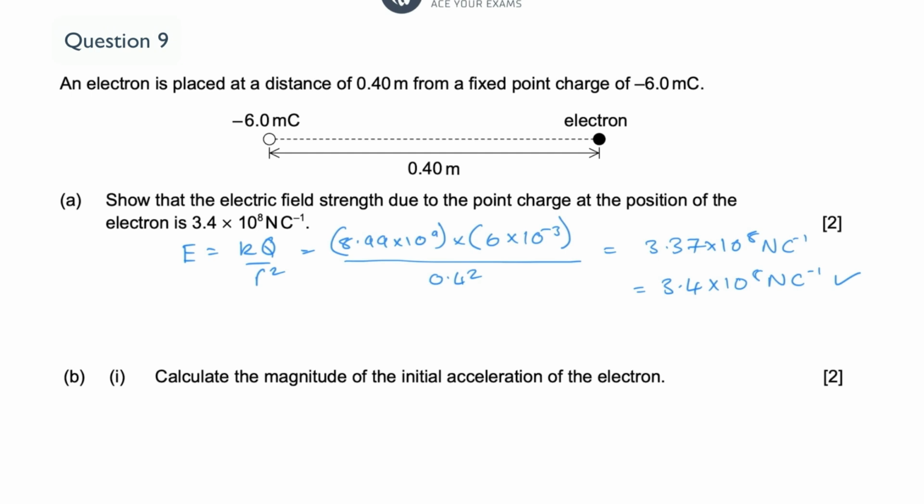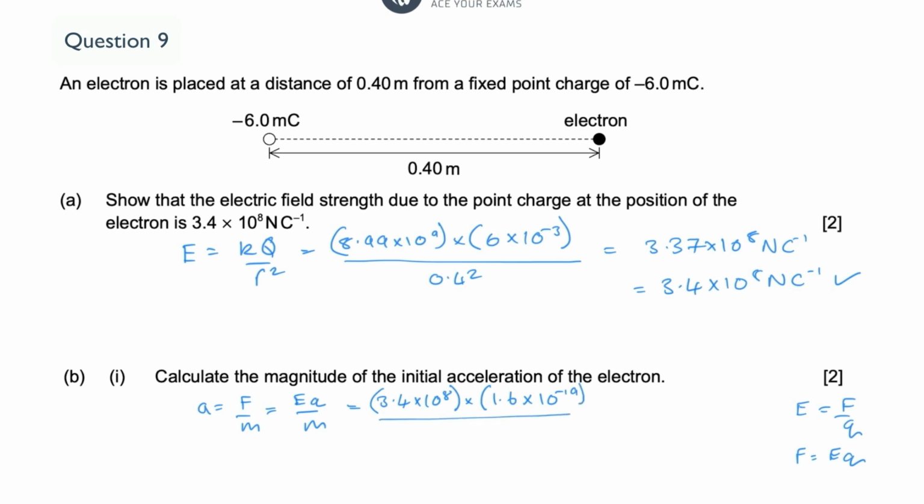B1. Calculate the magnitude of the initial acceleration of the electron. A equals F over M, and remember here, E is equal to F over Q, so F is equal to EQ. So instead of putting F up here, we'll put EQ over M. The electric field is 3.4 times 10 to the 8. Charge on the electron is 1.6 times 10 to the minus 19.